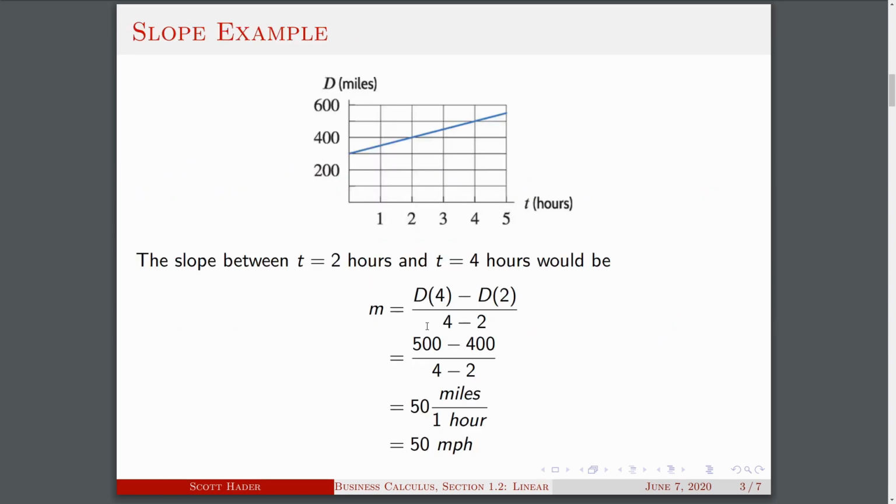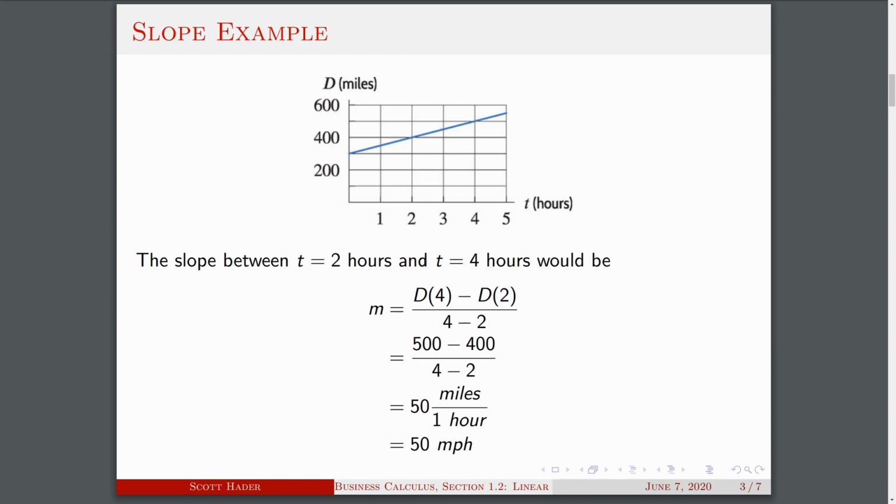All right, good. So let's actually calculate a slope here. Here's an example. We have a graph, and the graph represents the distance traveled after t hours. It says here distance is in miles and time is measured in hours. If we pick 2 points on this graph, we can find the average rate of change between those 2 points.